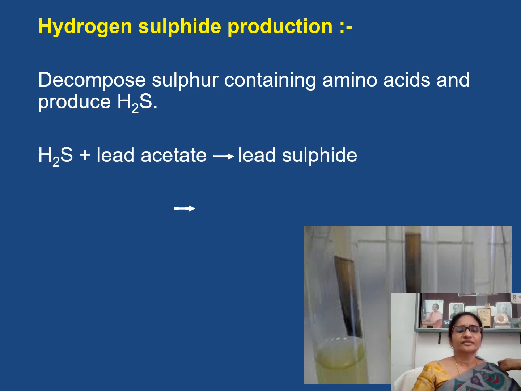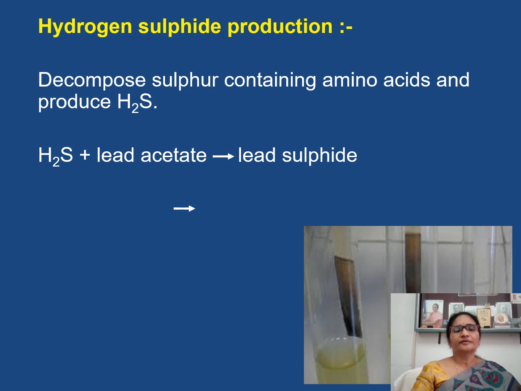And that hydrogen sulfide, how to check, how to see? We can't see hydrogen sulfide gas with our naked eye because it is a gas. So how to observe it? See here, for that we prepare lead acetate strips. See here you are observing a brown color filter paper. This is nothing but a filter paper which has turned brown.